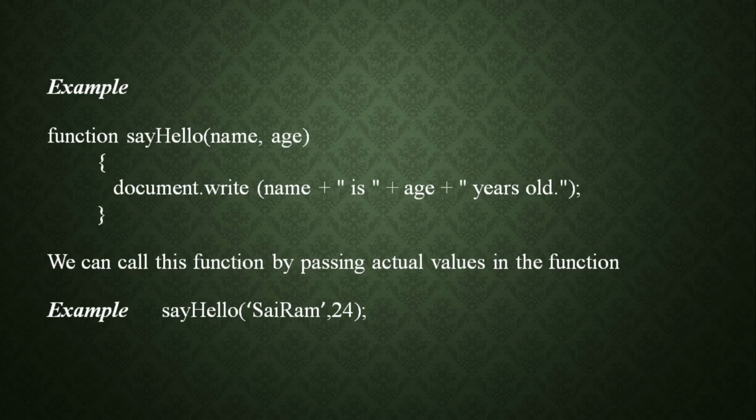The output of this will be produced by passing actual values to the function. Here, name is Sairam and age is 24. These are the actual values that are passed at function call.